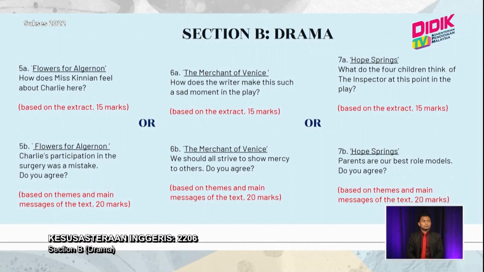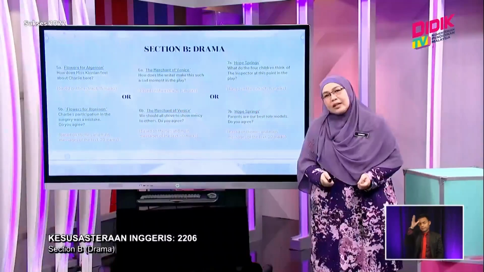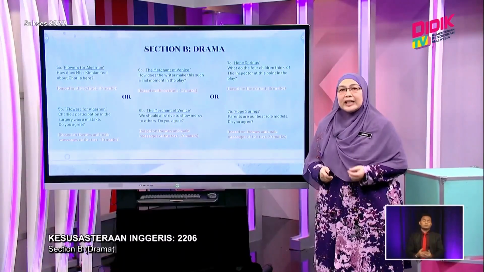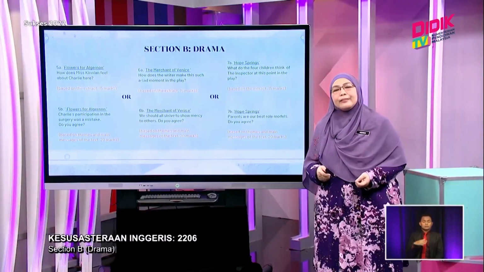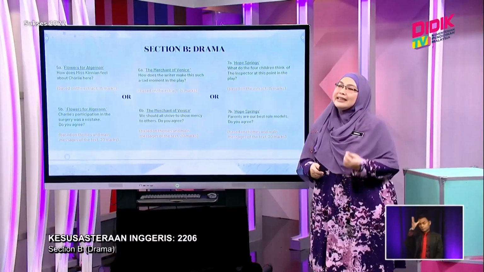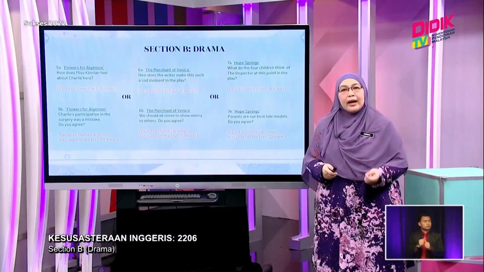Also, take a look at 7B, Hope Springs. Parents are our best role models. Those of you revising Hope Springs, I'm sure you would already have a certain stand. Do you feel that the parents did the right thing, sending their children to that island?